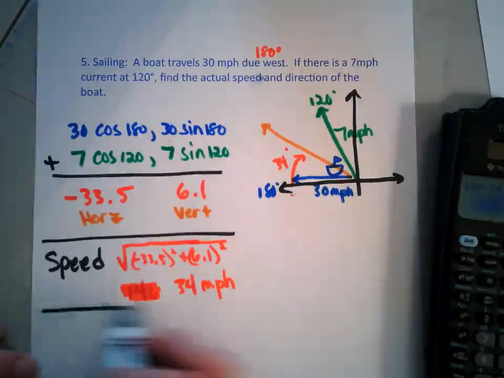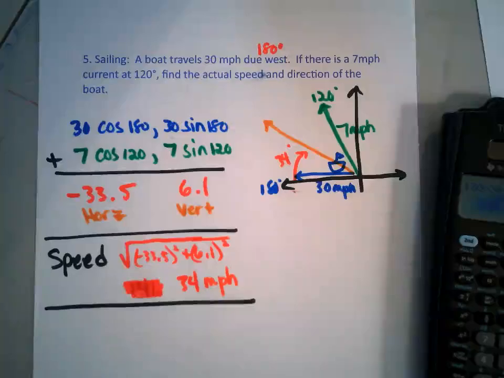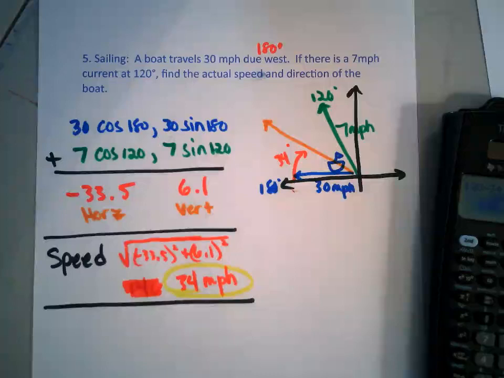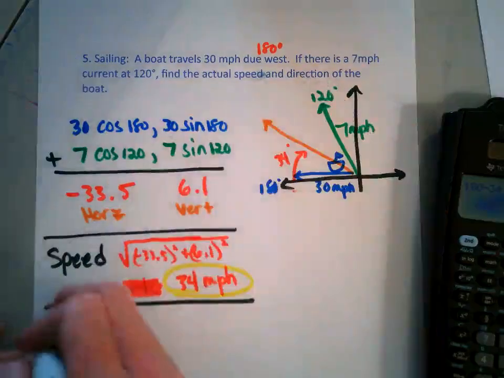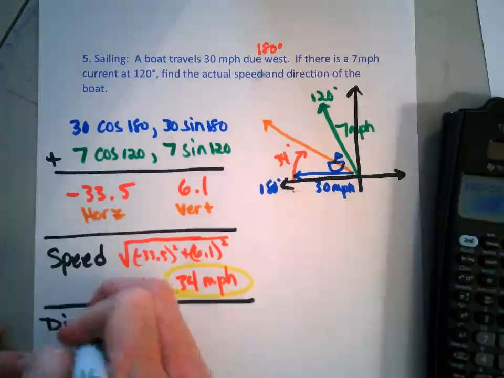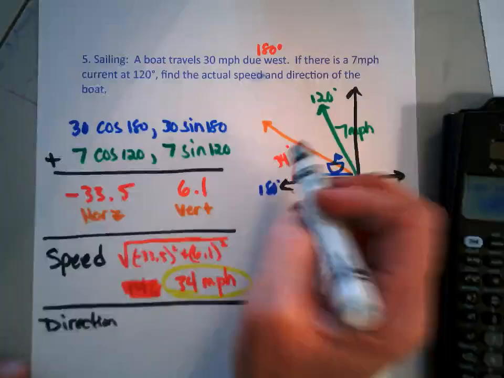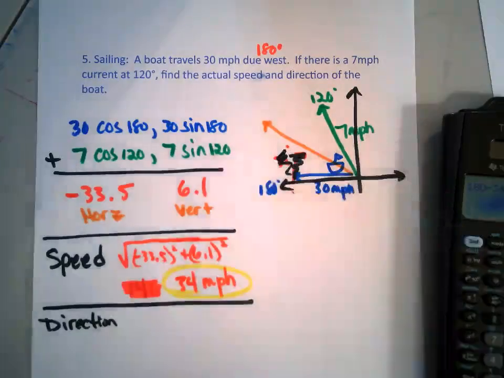Sorry about that. There's your miles per hour. All right, move on to direction. What is the direction? This is where we have our angle measure, and we may have to calculate a reference angle in there. So we can just ignore that. That's not right.